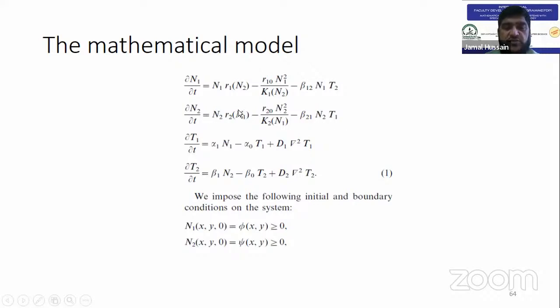And now this will be a similar equation. You can see here it is T1, the toxicant, and since it is produced by N1, its growth will depend on N1.